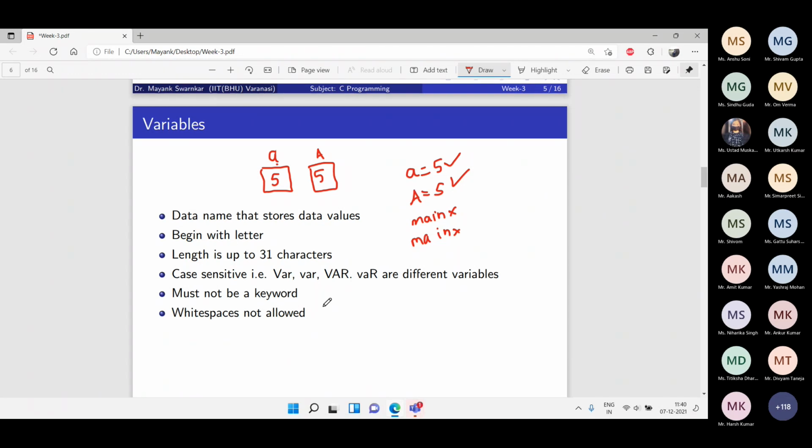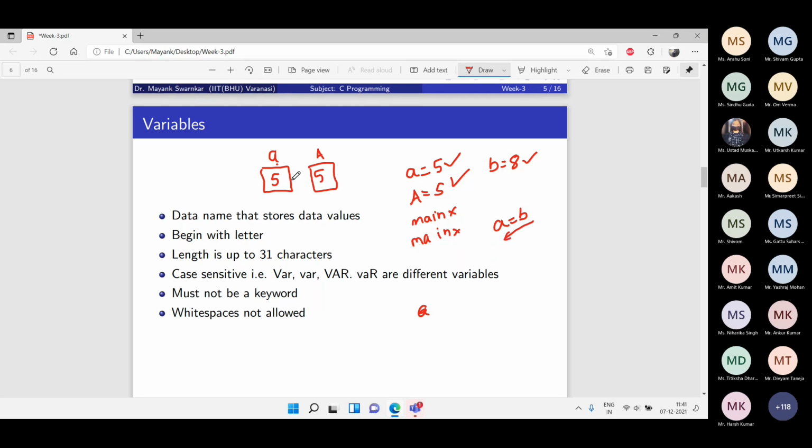So a variable contains some value. You can also do small a. If you want to define b as 8, this is also allowed. Now it is not that a variable can only have constant values. A variable can also have a variable. So if you do a equals b, then single equal means assign the value from here to here.